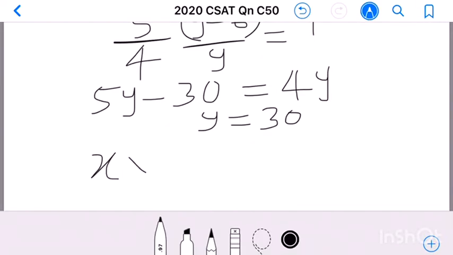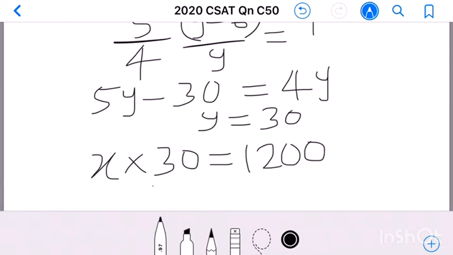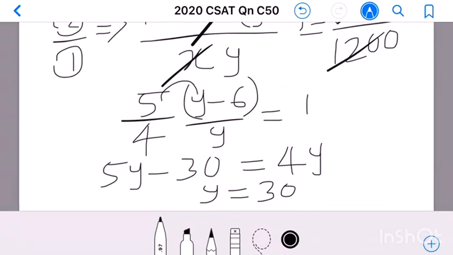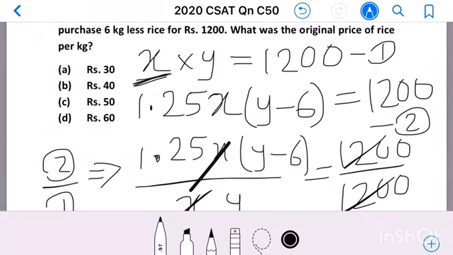X into 30 equal to 1200, X equal to 1200 divided by 30, we get 40 as our required answer. Option B, rupees 40 is our answer, the original price of rice per kilogram.